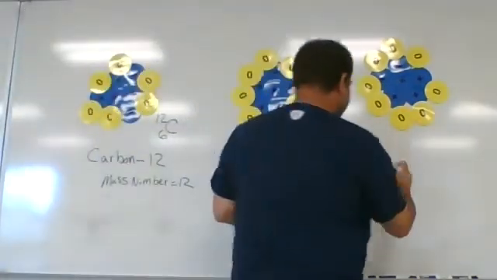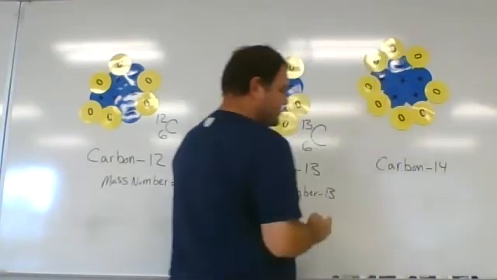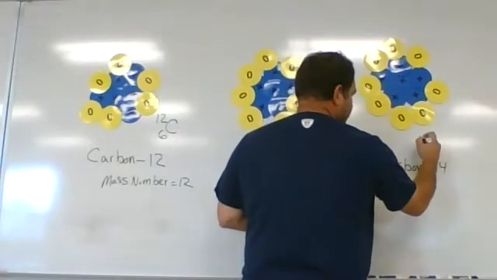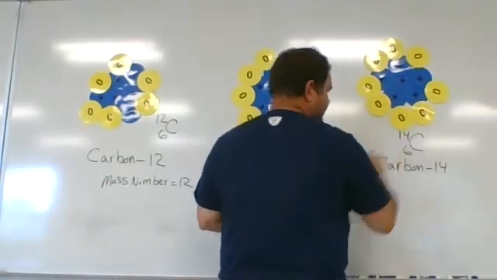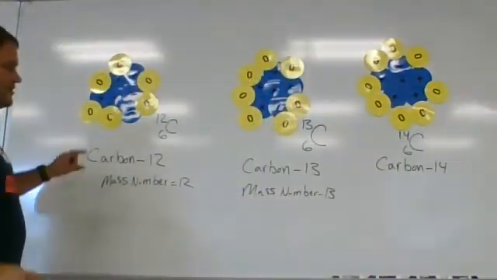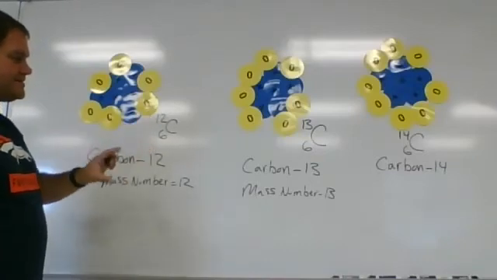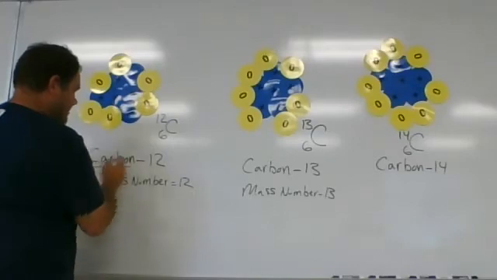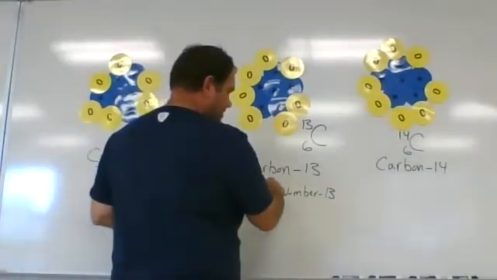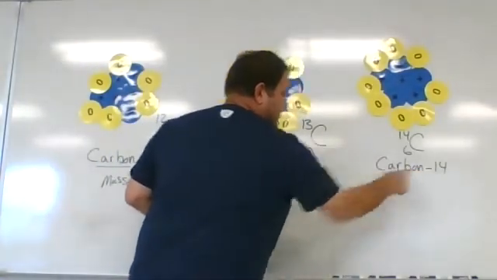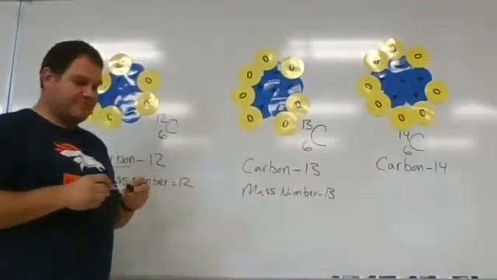And then finally, the last one would be known as carbon hyphen 14, so carbon-14. Its symbol would be 6 protons and a mass number of 14. So these are the 2 ways in which we would represent an isotope's name, either by identifying its element name with a hyphen and then the mass number, or by using the symbol that we have up here.